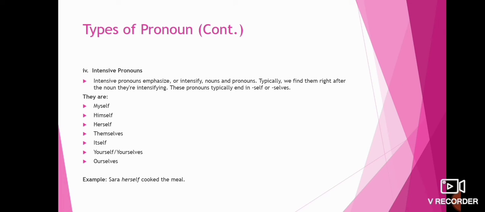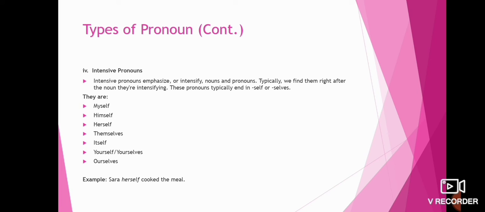Intensive pronouns. So intensive pronouns emphasize or intensify nouns and pronouns. Typically we find them after the noun they are intensifying. These pronouns typically end in self or selves. As the very name mentions, intensify or emphasize, ठीक है? मतलब किसी चीज़ पर जो है वो जोर देना. So the fact over here के मतलब you are intensify a noun or pronoun through this intensive pronoun, ठीक है?